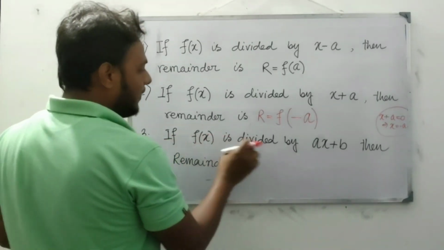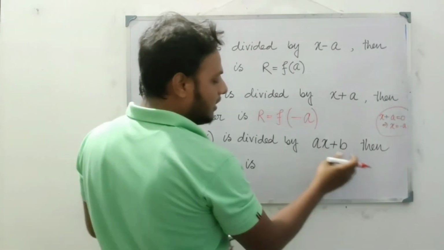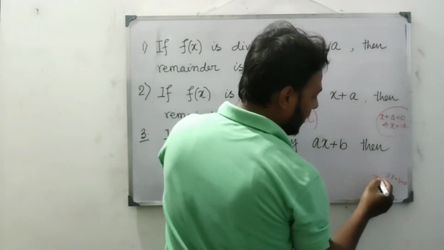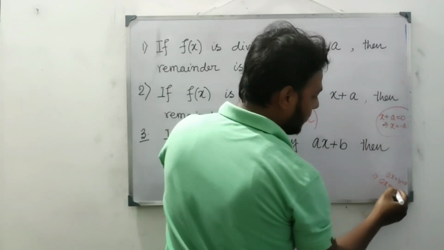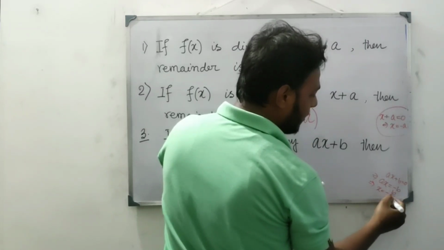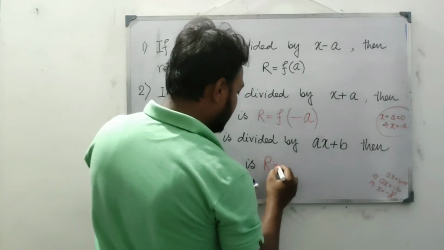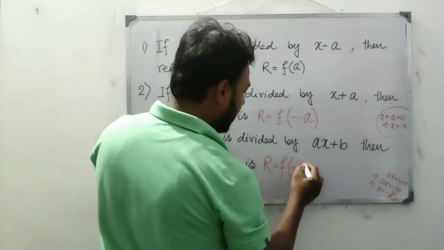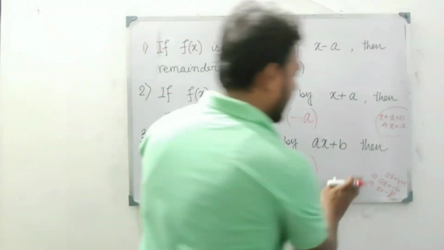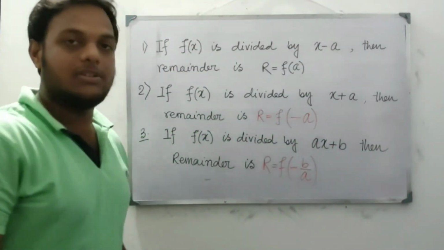And third, if f(x) is divided by ax plus b, then similarly put the divisor equals 0: ax plus b equals 0 implies x equals minus b by a. So you have to put x equals minus b by a. So the remainder is r equals f of minus b by a. These three are known as the remainder and factor theorem.